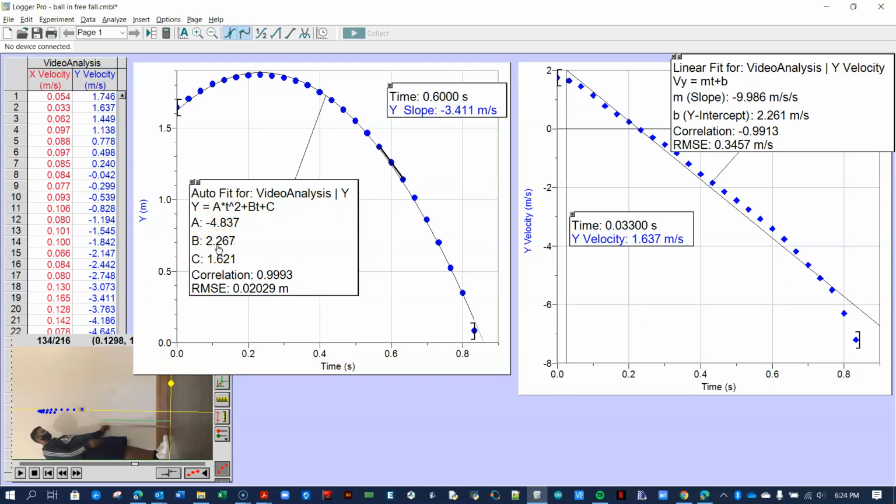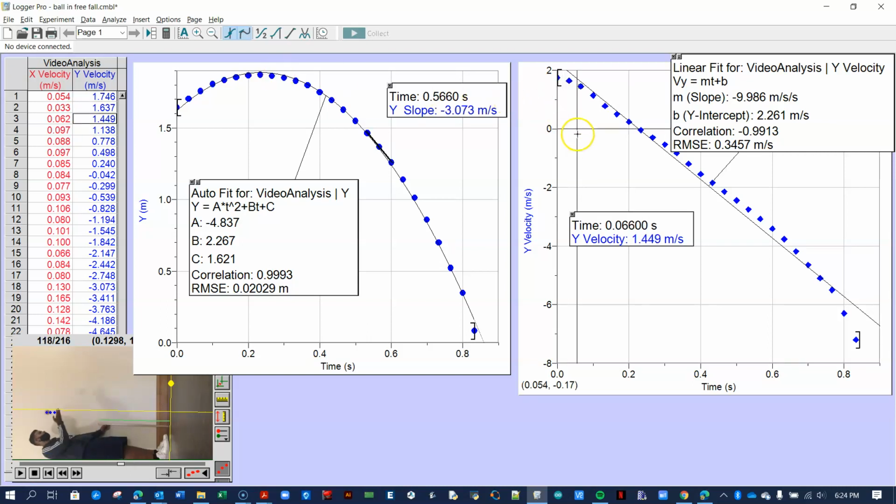So that's okay. We could also look to see, for example, what is the slope at the very top of the curve. The slope, again, gives us the velocity. You can see the units of the slope are in meters per second, so that's velocity. So the tangent line at the top is really close to zero, negative 0.0420 meters per second, practically zero.